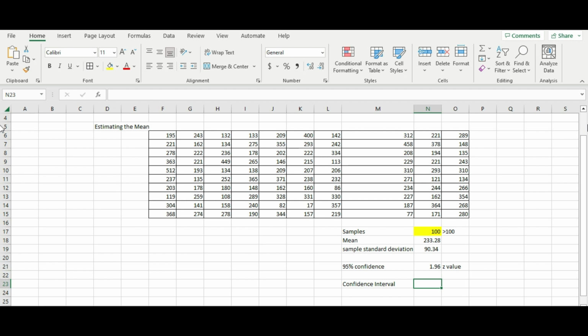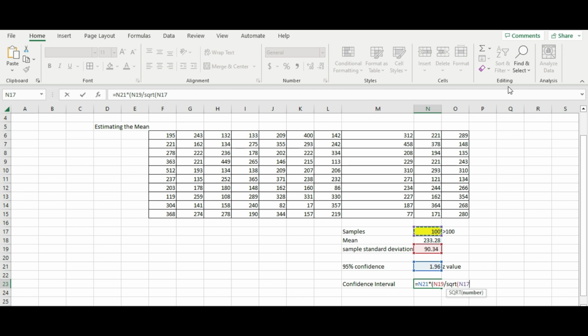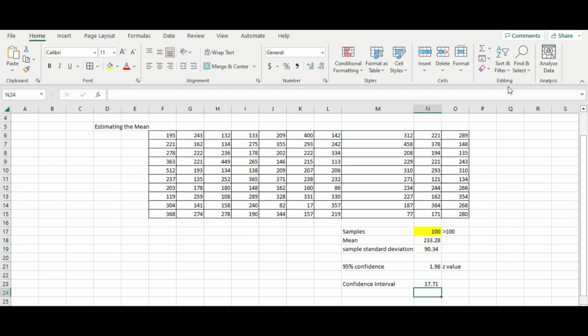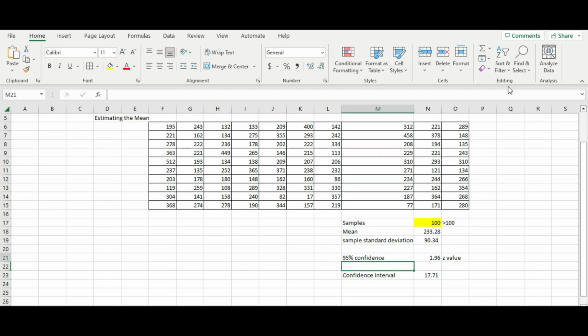Now for the confidence interval, first we need the z value, and then multiply it by the sample standard deviation over the square root of 100. We have here 72 pesos.